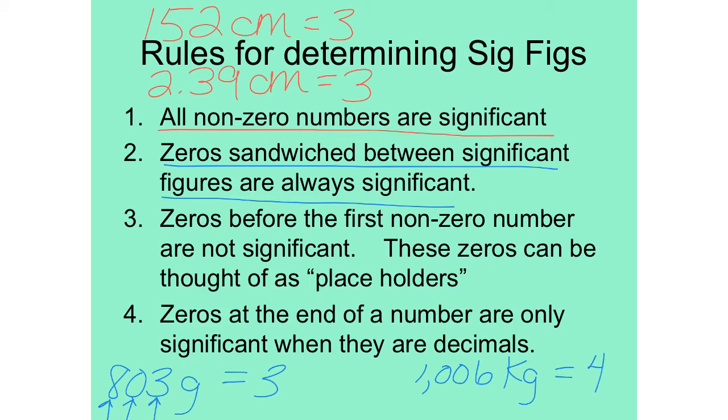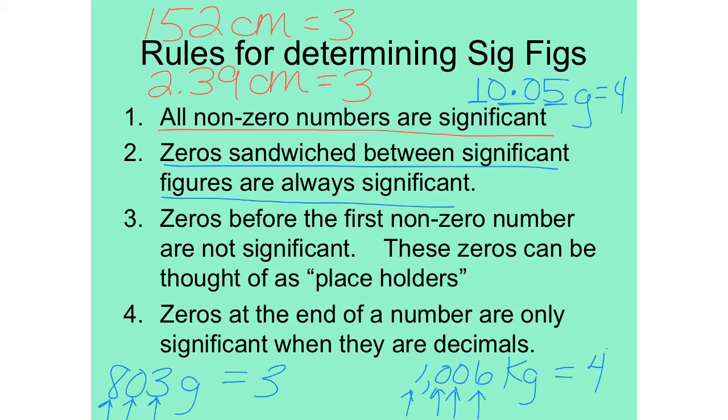That would be 4 significant figures. So not a 0, not a 0, and both of these zeros got sandwiched between, making them count. That sandwich could spread across the decimal, like with a number ending in 5 grams. That would also be 4 significant figures. So not a zero, not a zero, and both of those got sandwiched.